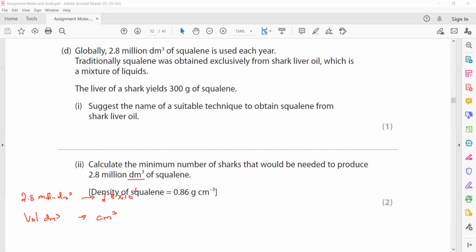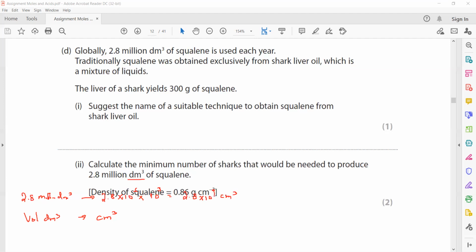And to convert the dm cube into cm cube, we have to multiply by 1000, or 10 to the power 3. So what we'll get is 2.8 into 10 to the power 9 cm cube.